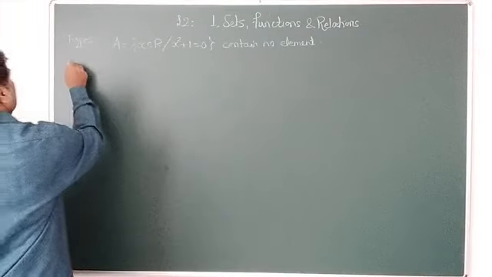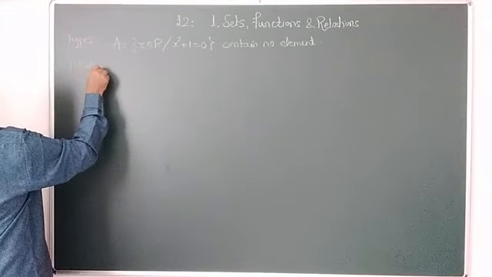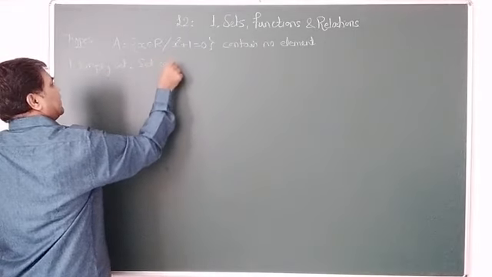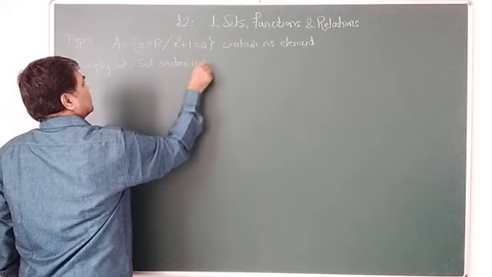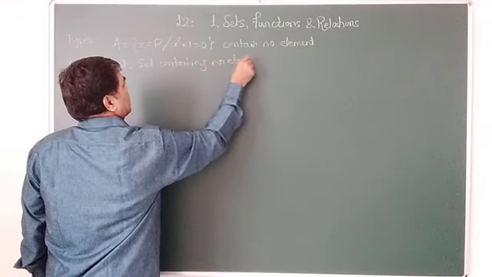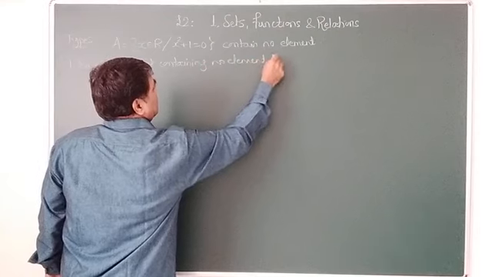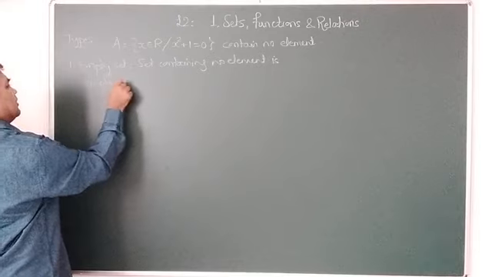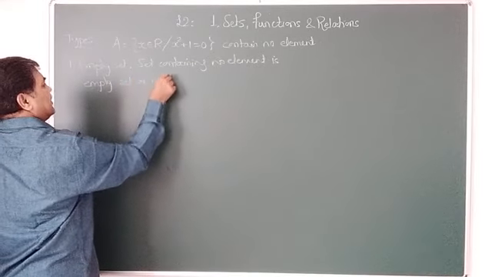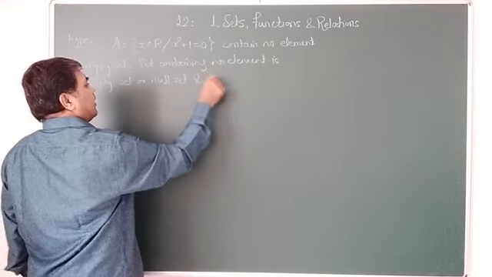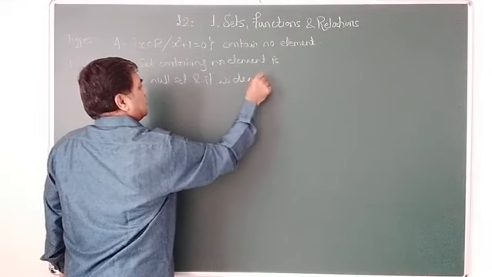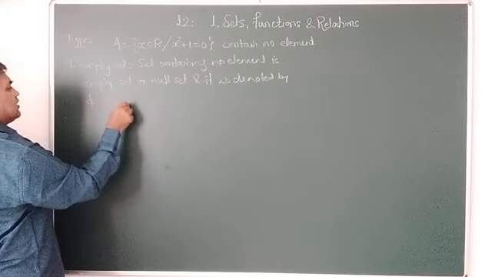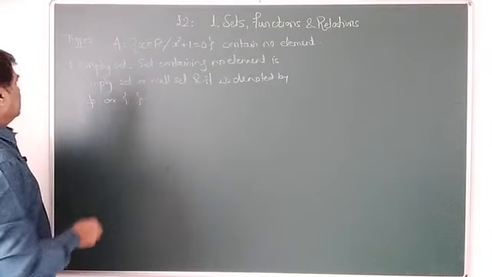Okay, so the first one, empty set: a set containing no element is an empty set or null set, and it is denoted by phi or just this symbol.